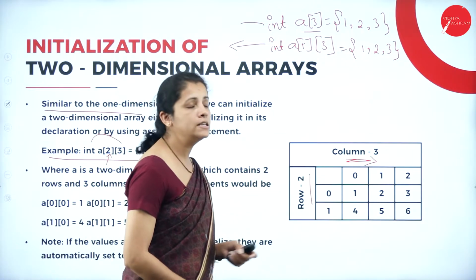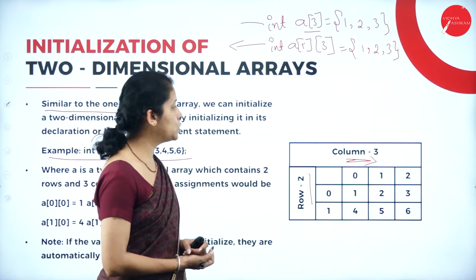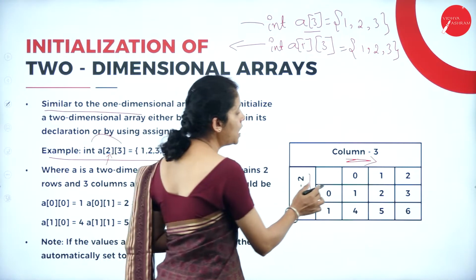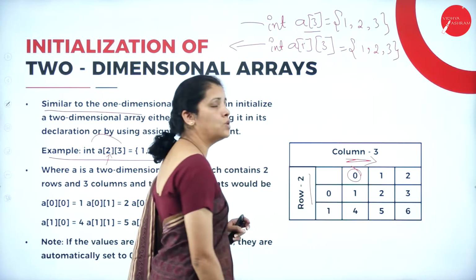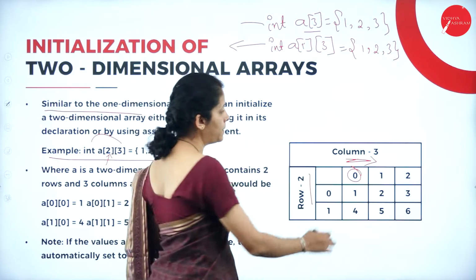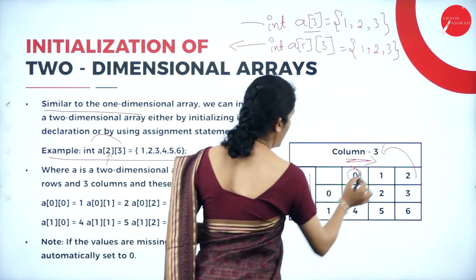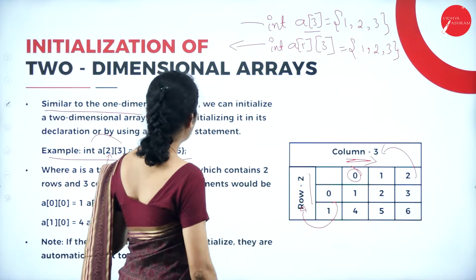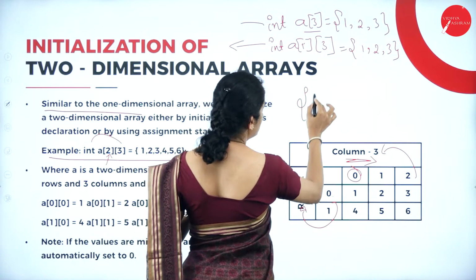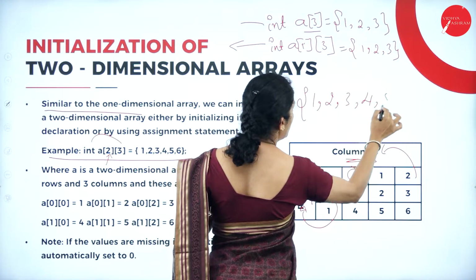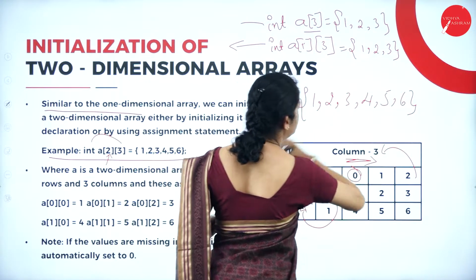And if I consider columns, I can have 3 columns, and array index always starts from 0, so 0, 1 and 2. These are my columns, and 0 and 1 are my rows. Now here I have the values 1, 2, 3, 4, 5 and 6.